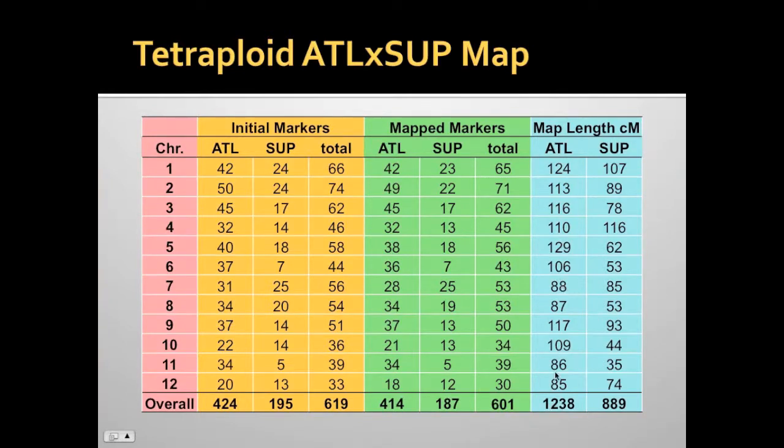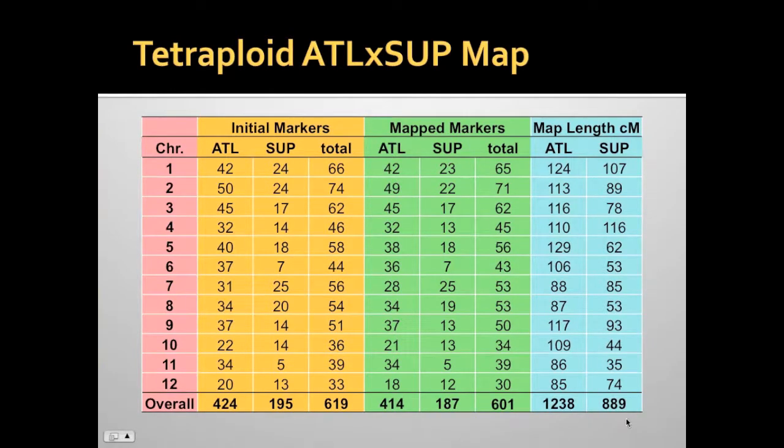The length of the map for Atlantic was 1,238 centimorgans, which is close to what we expect. We expect around 100 centimorgans per chromosome. And for Superior, 889.